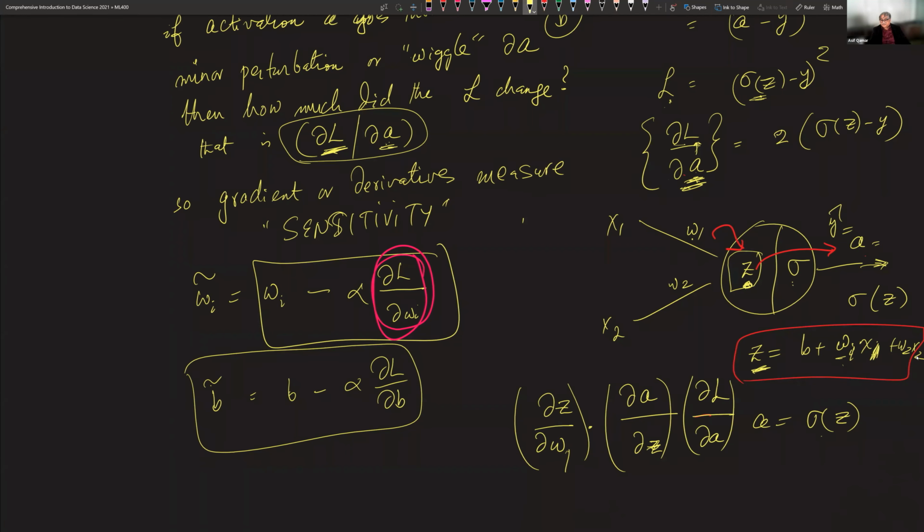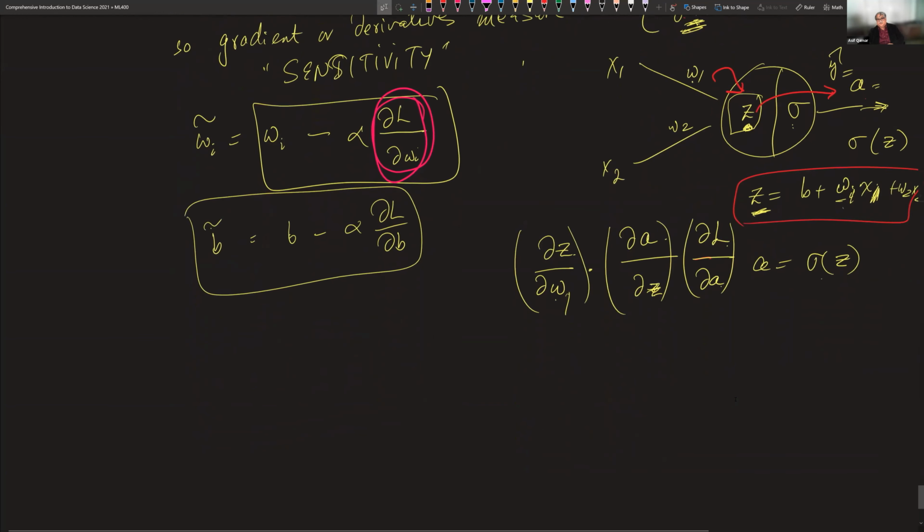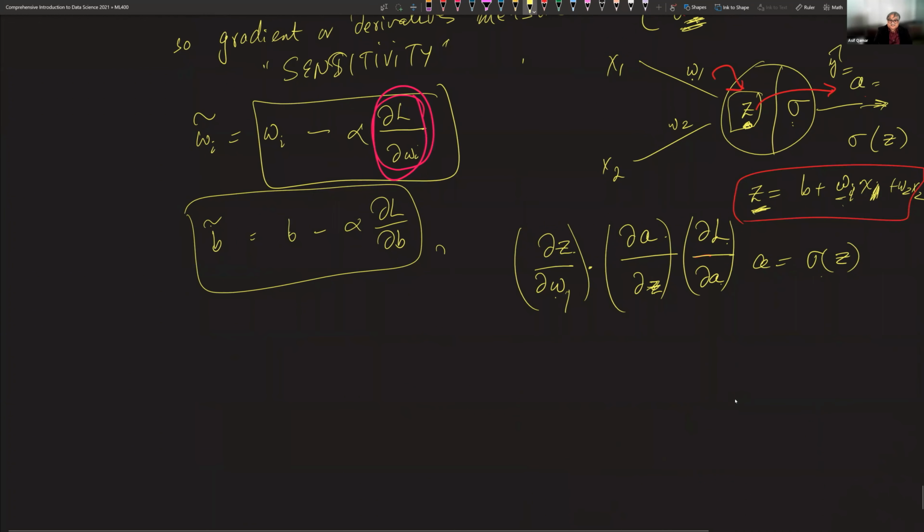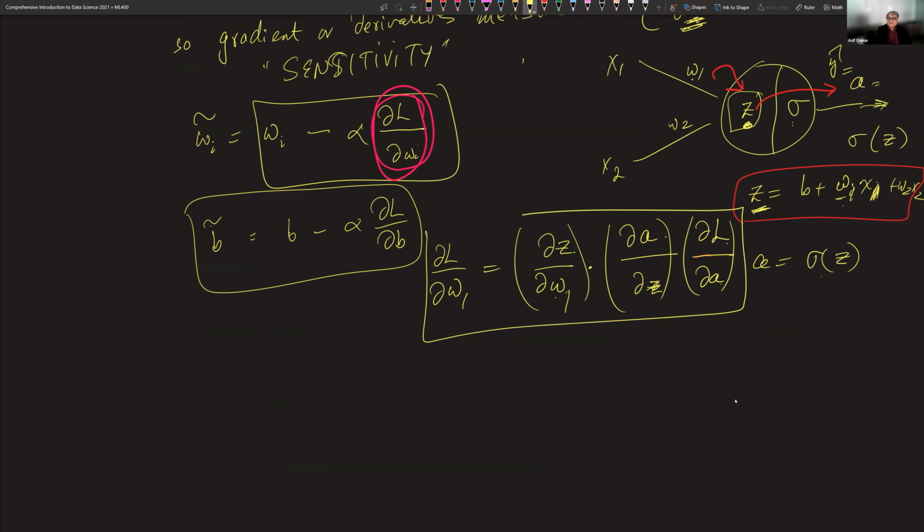And therefore, a small change in W1 caused a change in Z, change in Z caused a change in A, change in A caused a change in the loss function. And so changing W affected the loss function totally. And so you say the gradient for W1 is equal to this. So far, so good, guys, for this one neuron.